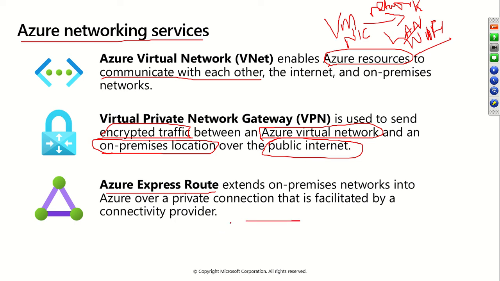There is a dedicated, private pipe or private connection between your data center, which is on premise, and the Azure network. This can be achieved by working with a telecom company that has partnered with Azure to create a direct pipe from your office data center to the Azure data center.